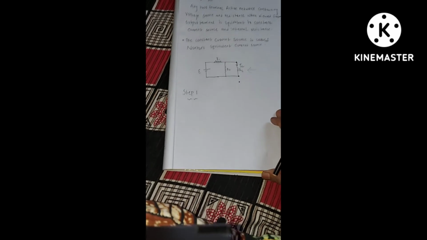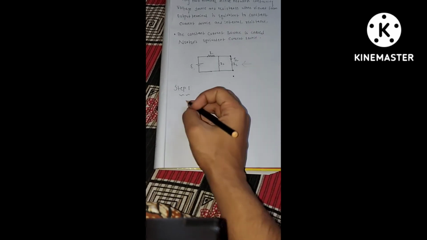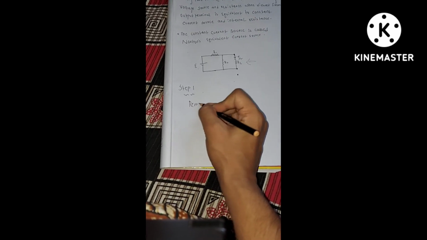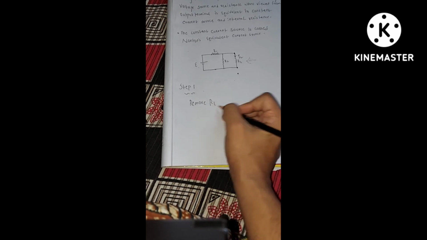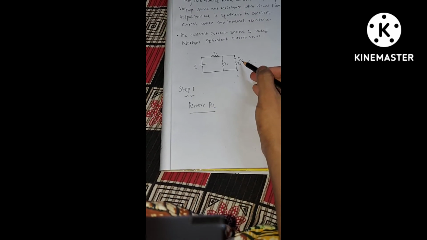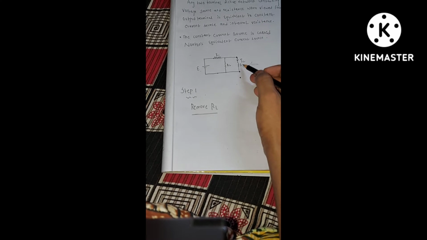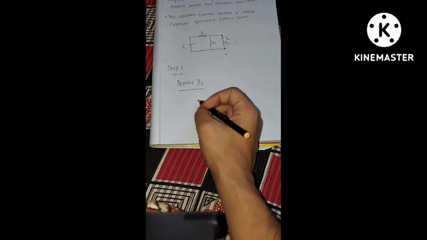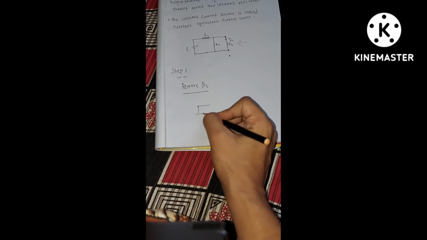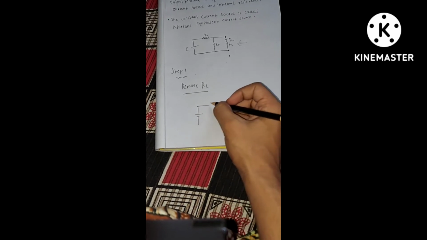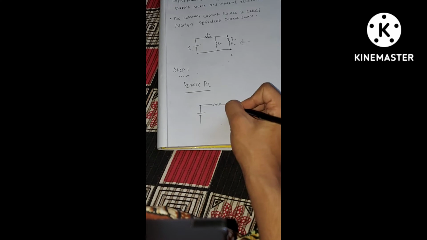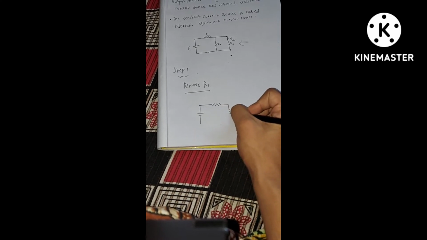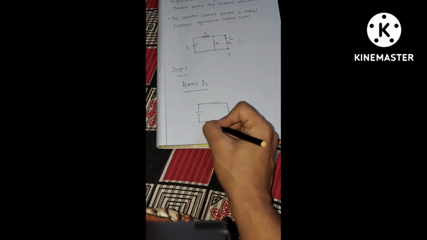Okay, step 1 is remove RL. We are going to remove RL from the circuit. The moment we remove this RL, the circuit will act as an open circuit. So here again we will draw the EMF, same circuit, the resistances R1 and R2.